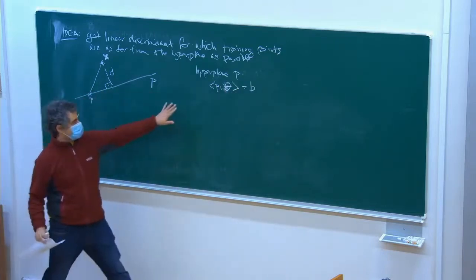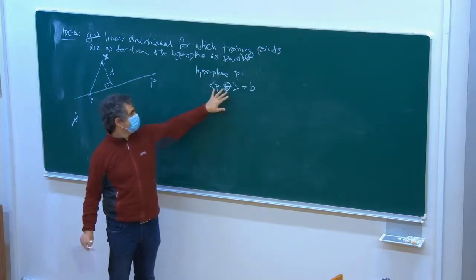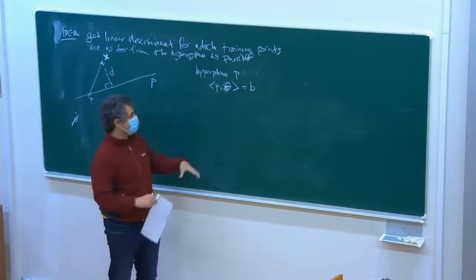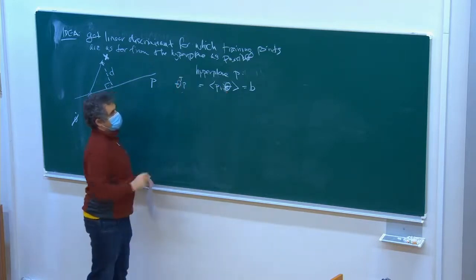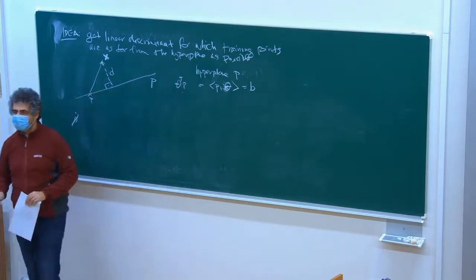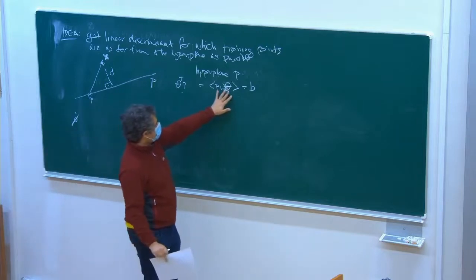So this is a dot product, a scalar. It's the same thing as theta transpose p. Okay, so this is my hyperplane.